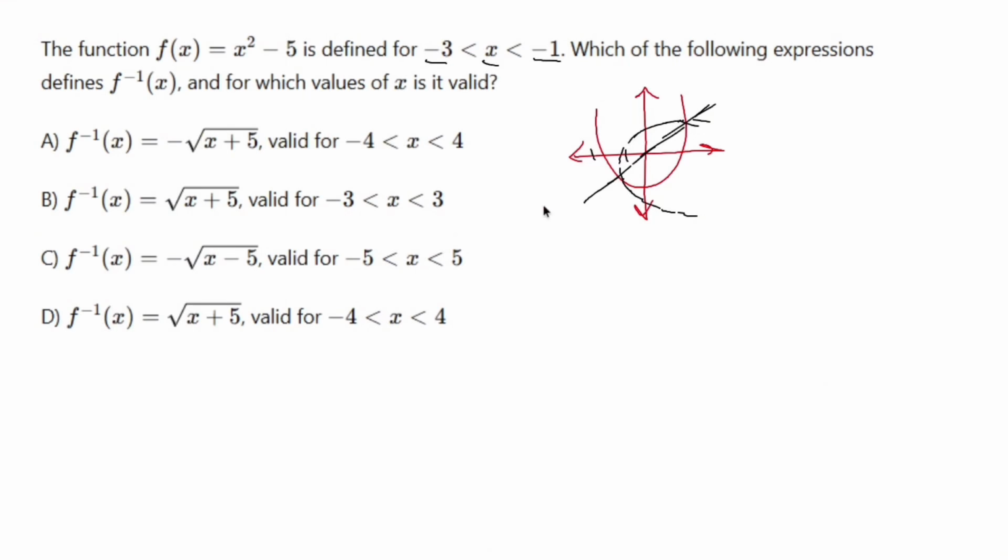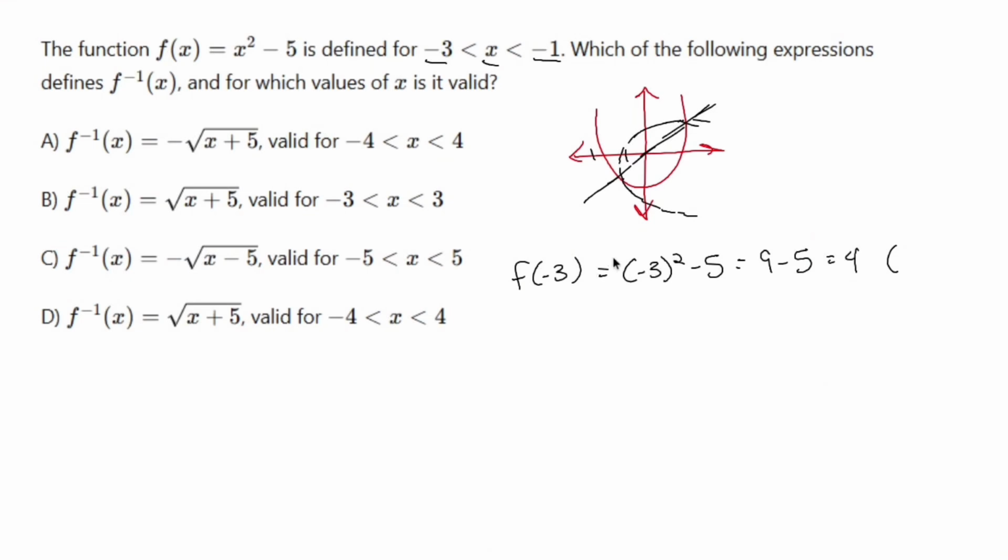So let's go to f(x) and see what happens at -3 and at -1. So f(-3) is going to be (-3)² - 5. (-3)² is 9. 9 minus 5 is 4. So f(-3) is 4.